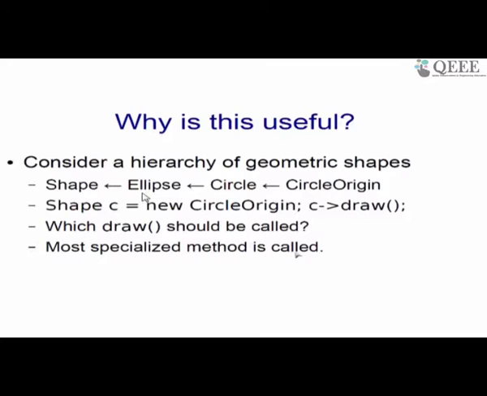and you can actually have a generalization of that. You can have an array of shape star. Some of the elements of that array could be circles, some of them might be ellipses, some of them might be circles at the origin, some of them actually might be squares and triangles and so on, right, all of them derived from shape. And then you just in a loop or using an iterator, you just go over the complete array or a vector and you invoke draw on each of these pointers, each of these pointers to different objects, and appropriate draw method should get invoked depending upon the type it is pointing to.